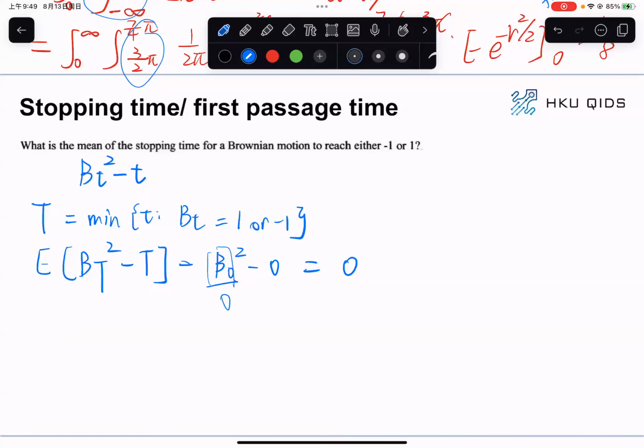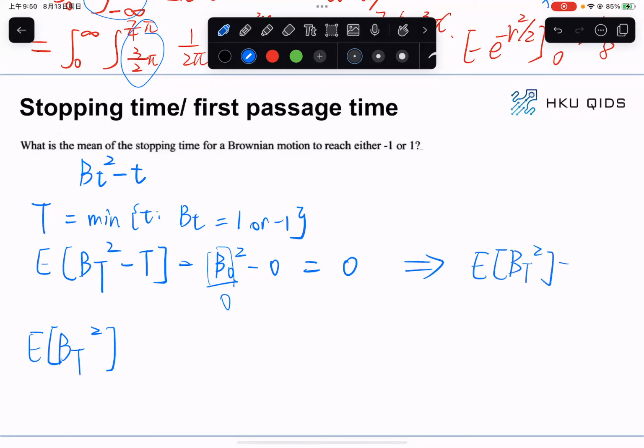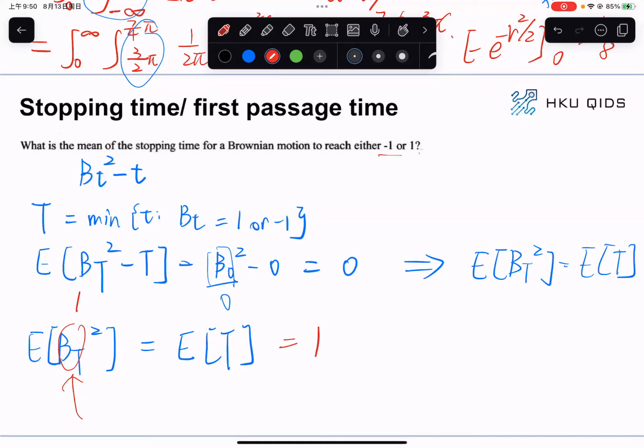And the probability for BT to hit either 1 or -1 is the expectation of BT squared. So by this, we have expected BT squared equal to expectation T, right? Then the expectation of T should equal this thing, where BT squared for 1 or -1 is all 1, so it is equal to 1. Okay, quite easy to solve this problem by applying the Bt squared minus t martingale property.